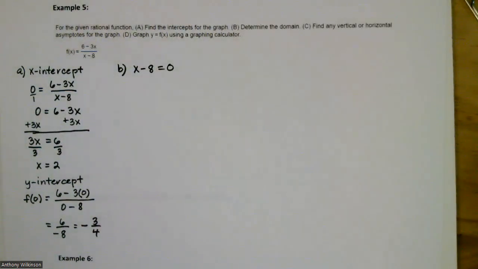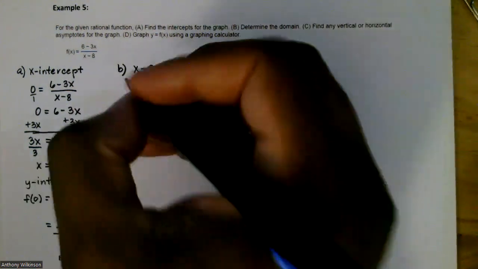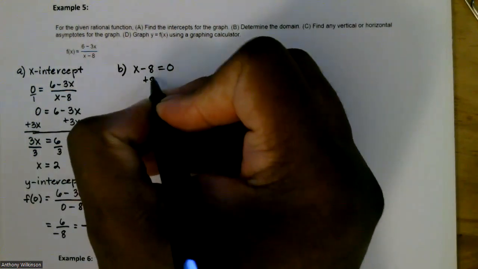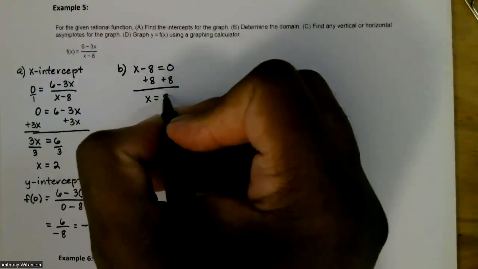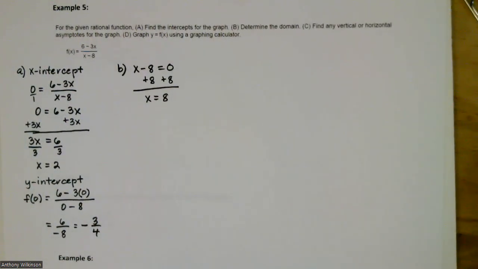We'll set that equal to 0 and solve for x. So if I add 8 to both sides, you'll get x is equal to 8. So that means here, the domain is going to be all real numbers except 8.